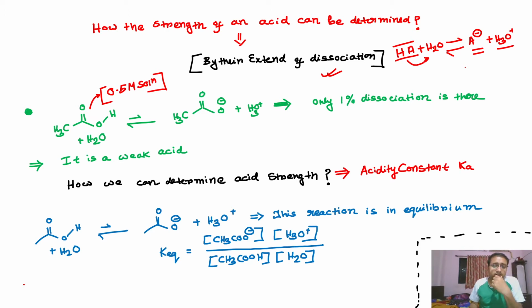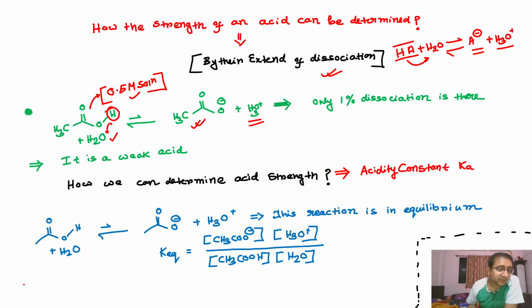Let's take some examples. This is acetic acid, having a concentration of 0.5 molar, in contact with an aqueous solution, that is water. The acetic acid will donate its proton to the water molecule and be converted into acetate anion, and the water molecule, after accepting the proton, will be converted into hydronium ion.